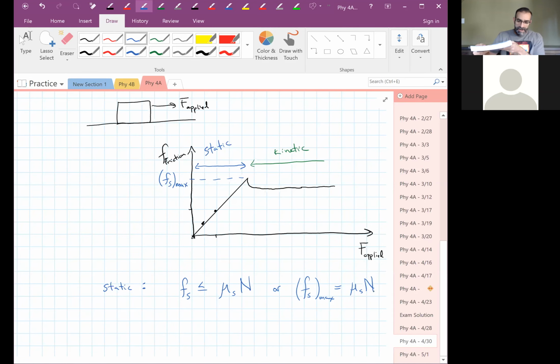Whereas if I tilt my book up and stand it on my surface this way, there's not very much contact area with the surface, but each little square centimeter has a big amount of weight pushing down on it. It turns out that all that really matters is the normal force.